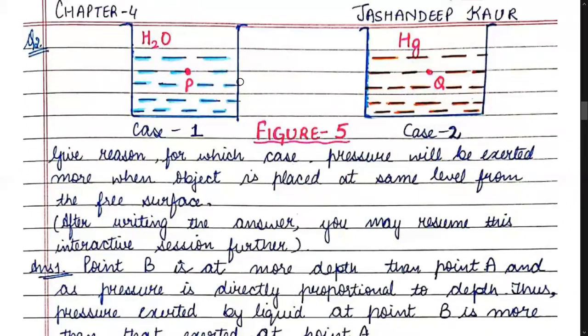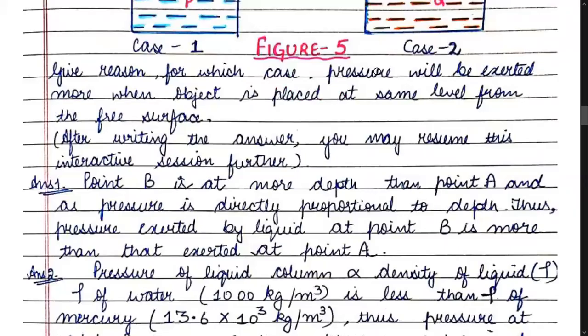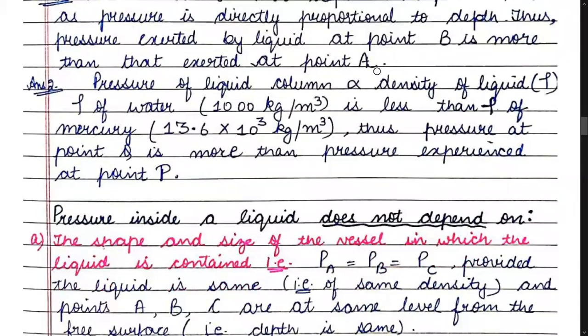Similarly, in question number 2, out of water and mercury, the density of mercury is more and pressure is directly proportional to density of liquid. So what does it mean? Since density of water is 1000 kg per meter cube, which is less than density of mercury, and the value of density of mercury is 13.6 multiplied by 10 raised to power 3 kg per meter cube.